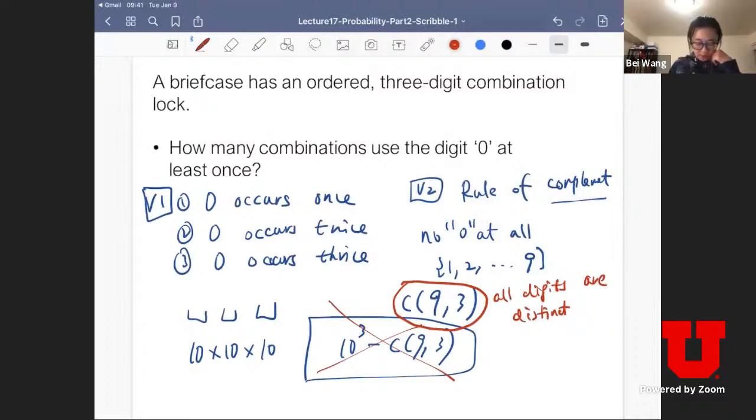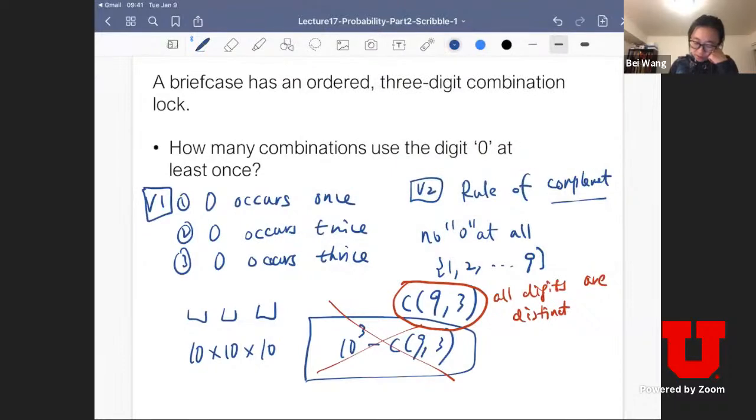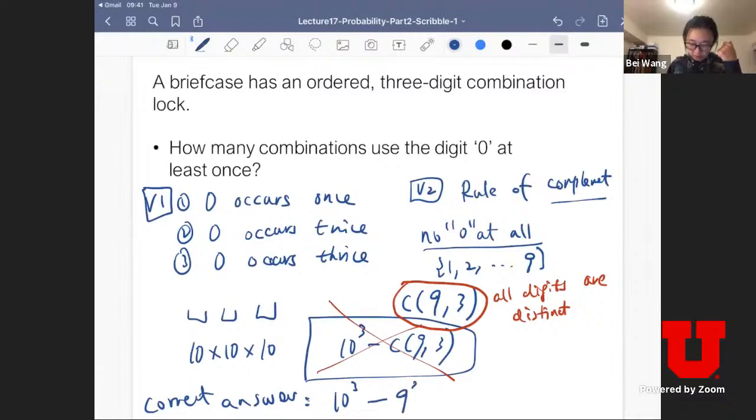In fact, if I'm only looking at no 0 at all, at each location I have 9 choices. So the correct answer is 10 to the power of 3, which is all possible combinations, minus 9 to the power of 3, because each location has 9 choices, excluding 0.